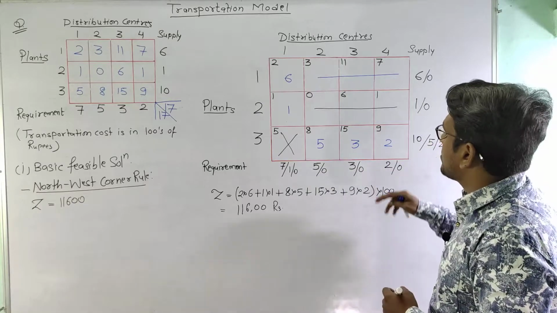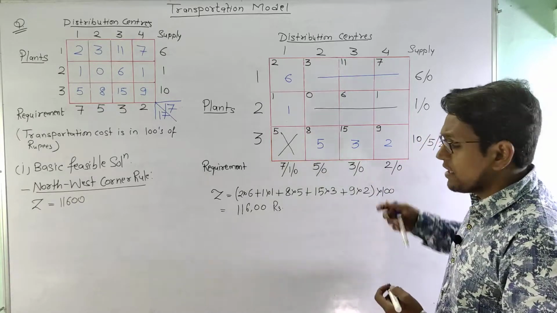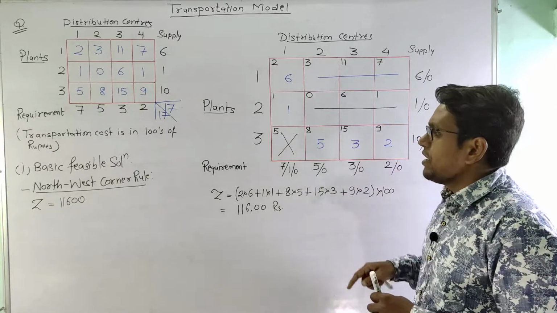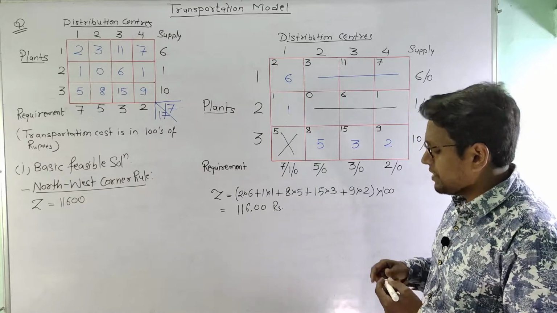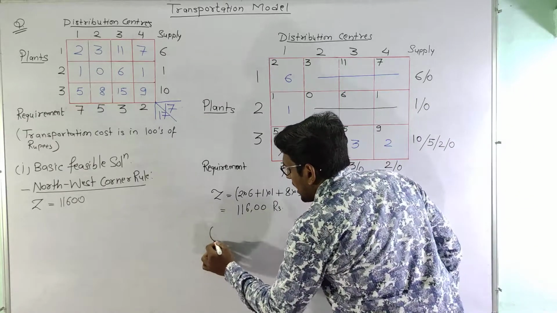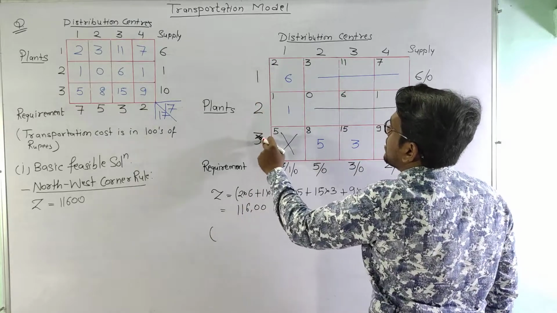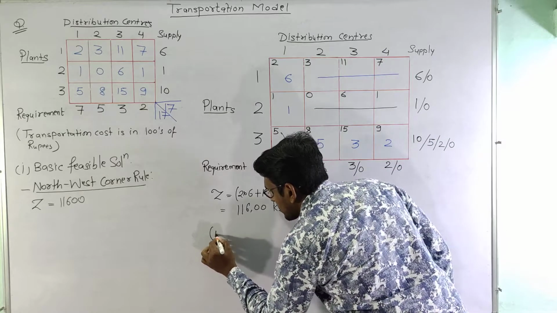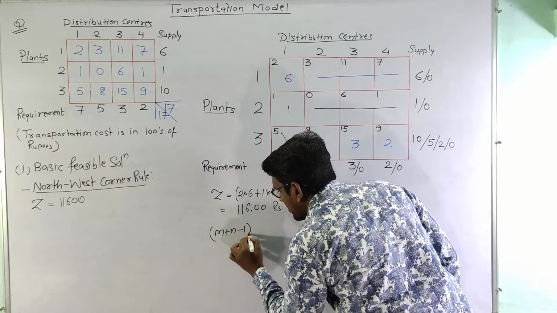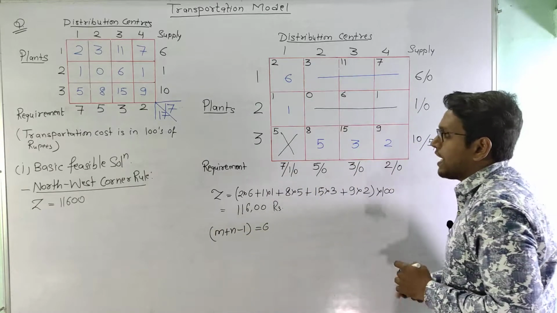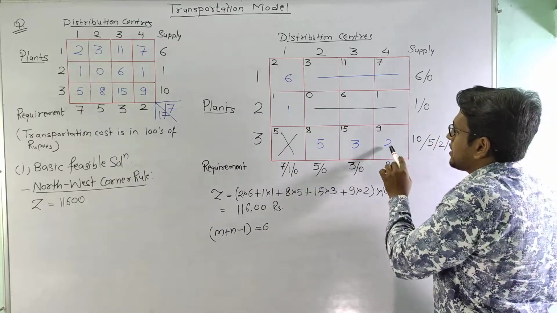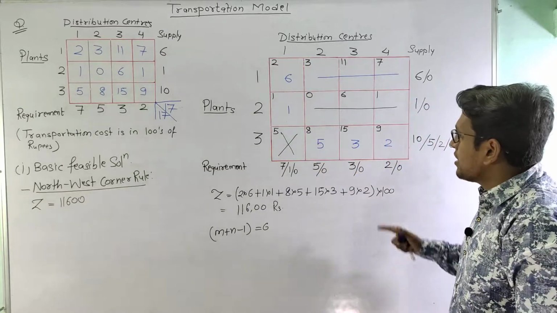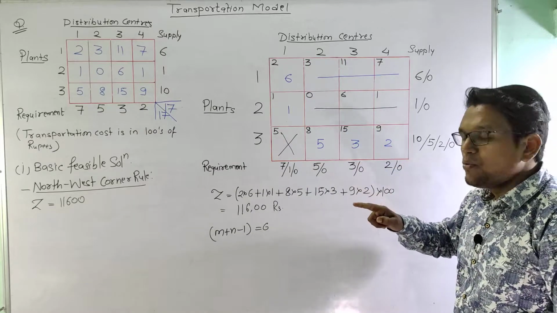Okay, and the third condition, that the problem must have m plus n minus 1 number of independent allocations. So m is the number of rows, 3, n is the number of columns, 4, 3 plus 4 minus 1 is 6. So m plus n minus 1 is equal to 6. But as we can see in this problem that there are 5 independent allocations and they should not form a loop.